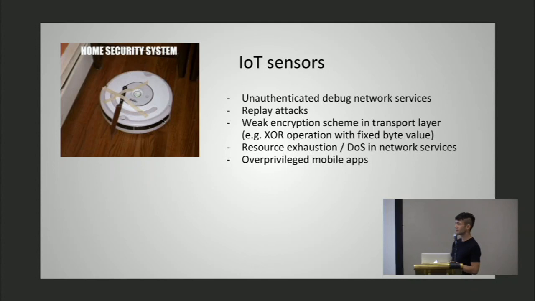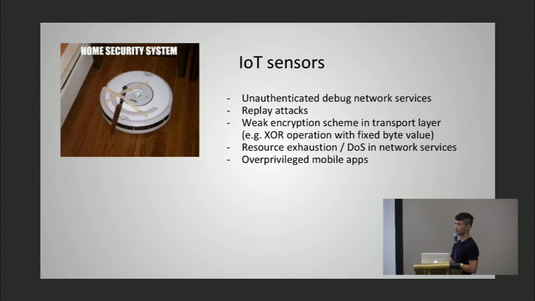So IoT sensors. Some of the things we've seen while testing them, especially in healthcare environments, is that you can have some debug services there where you can connect to them without any authentication. Lack of input sanitization is one of the most common bugs there.